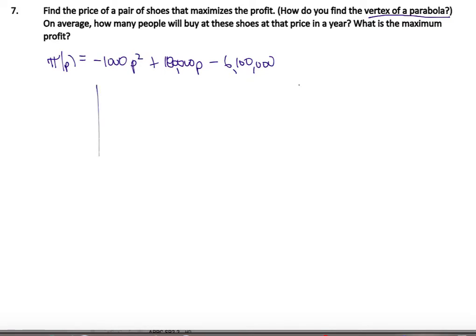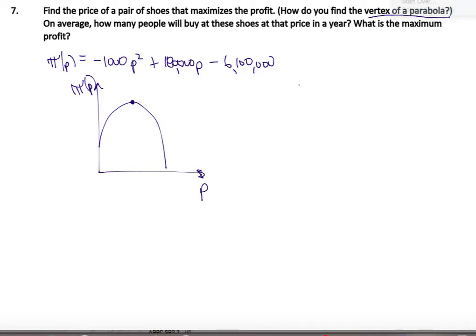So this is my profit function. If I go into my calculator and I plot profit as a function of P, I'm going to end up with a parabola that looks something like this. And what I want to do here to maximize this profit is just find the maximum value of this parabola. So go into your calculator, plot this function, and I will give you a moment to do that.